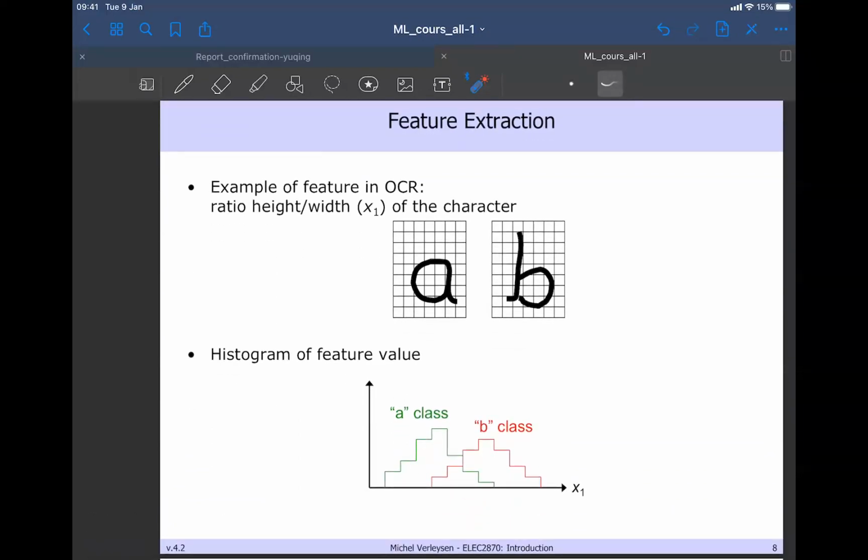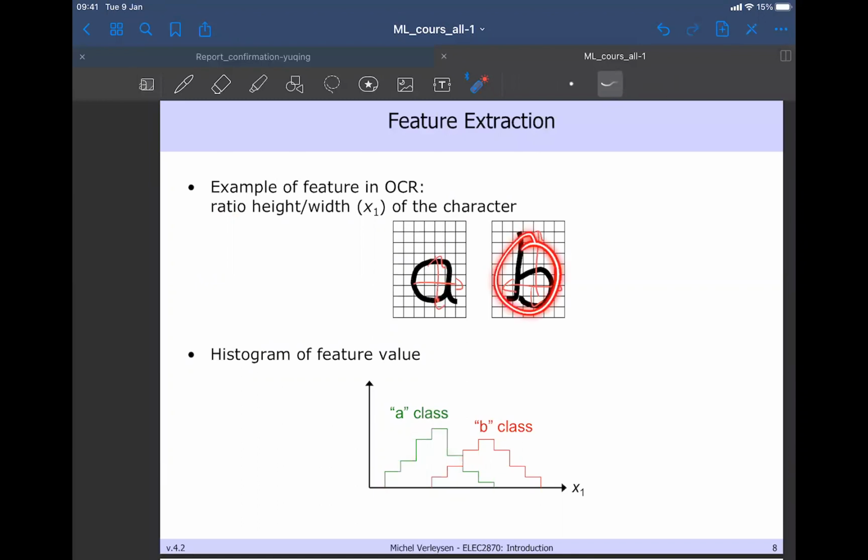Again, an example on features. Let's say I have an image of a character. These are the pixels. And I could just compute the ratio of the height to the width. You see that for an A, it's quite a square, so the ratio is quite low.